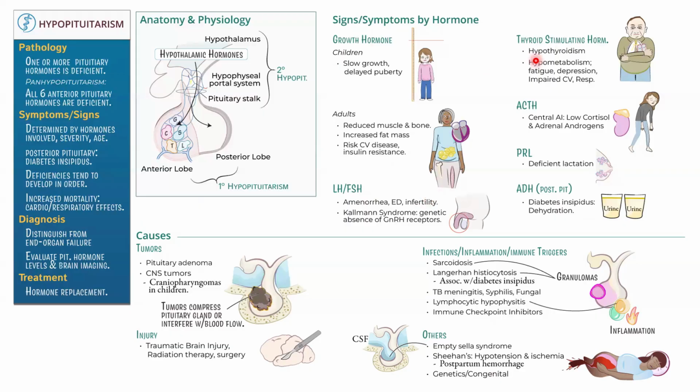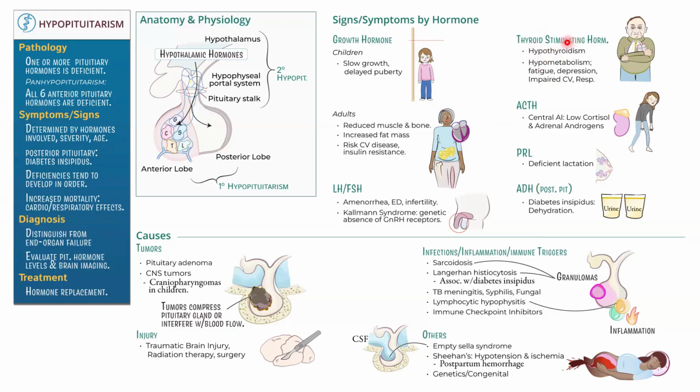And we can also have thyroid stimulating hormone being underproduced, that is hypothyroidism, leading to hypometabolism. So remember, these hormones are central hormones because they enable production of other hormones by other glands.